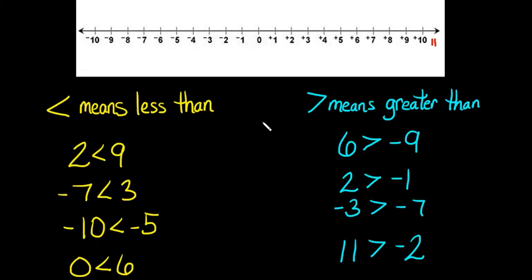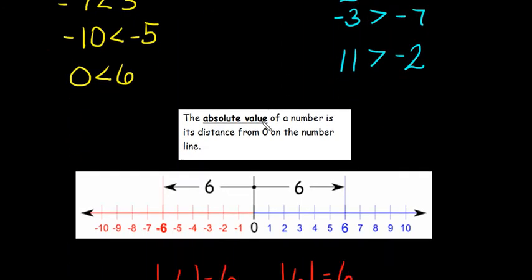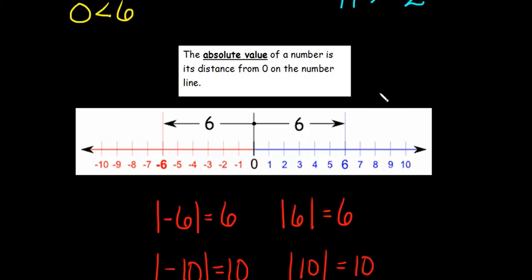The last thing we're going to talk about today is what absolute value is. Absolute value is the term that's given to a number and its distance from 0 on the number line. So I've shown this to you in terms of the number 6. So here's 0. I can move 6 places over and get a positive 6.